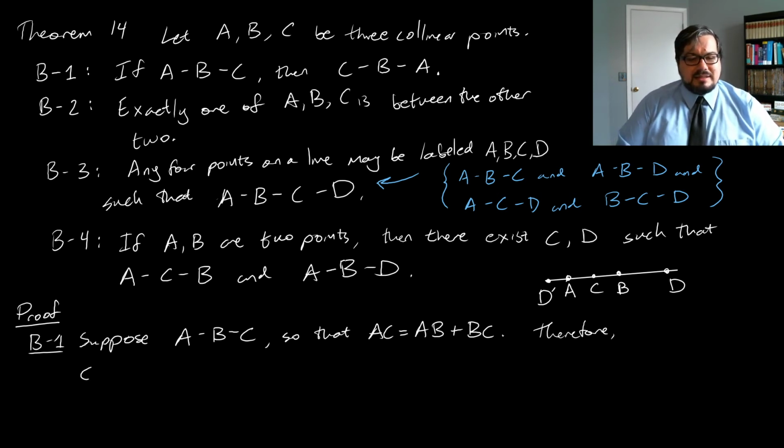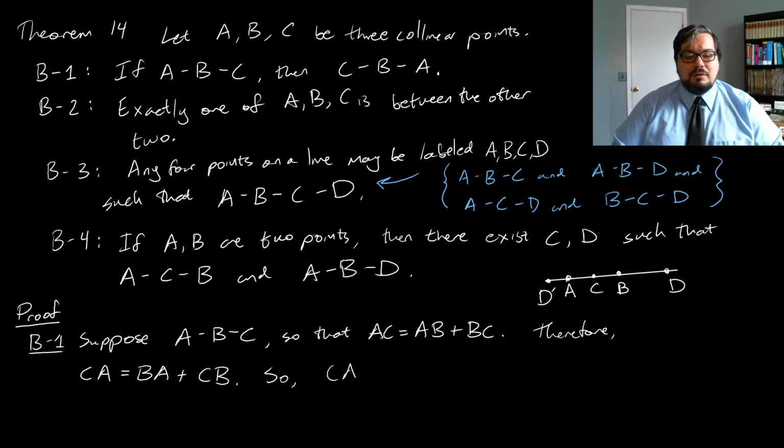So that means that CA, which is equal to AC, is going to be equal to BA plus CB. Because CA equals AC, BA equals AB, and CB equals BC.